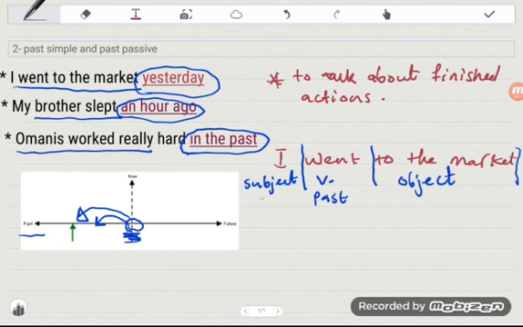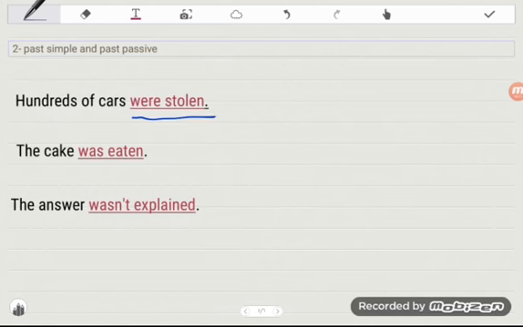Of course, the subject can be the other pronouns like I, you, we, he, she, it, and they. So all these pronouns can be the subject in any simple past sentence, and then the verb is, and the action is stealing the car. So this is more important to be focused on, not the doer of the action. And then here, the cake was eaten. The cake was eaten by who? Probably we don't know.